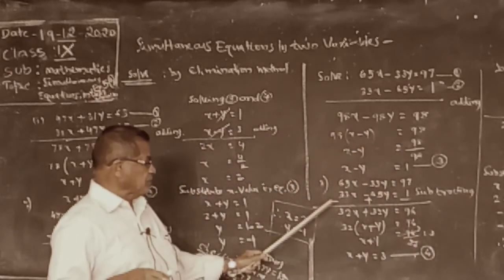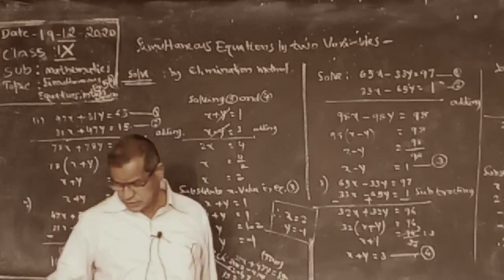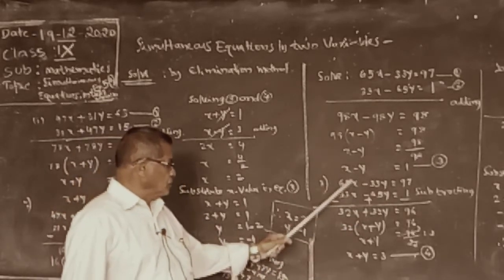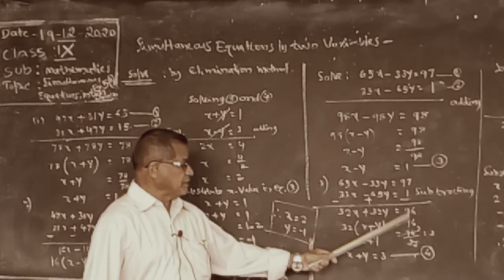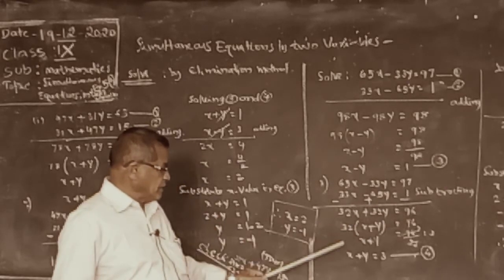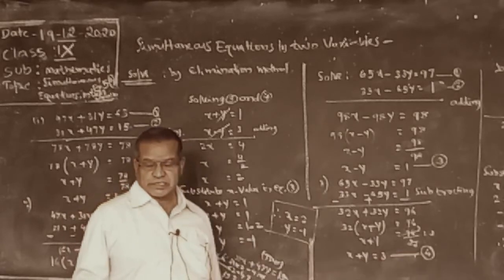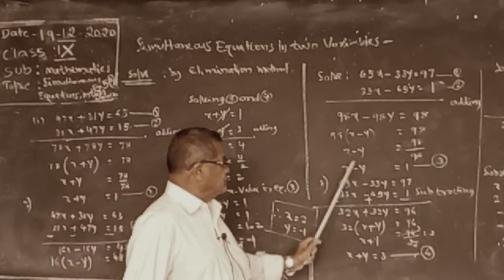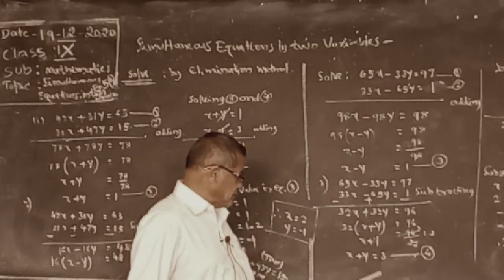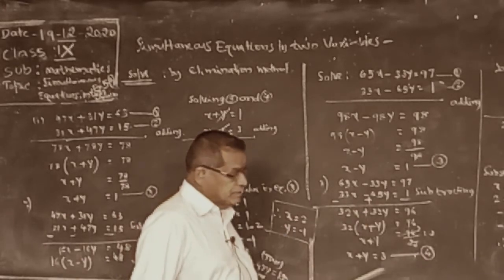In subtraction, we are changing the signs. Then 32x plus 32y is equal to 96. X plus y is equal to 3. Say that is the fourth equation. In addition, we are getting the third equation. In subtraction, we are getting the fourth equation.